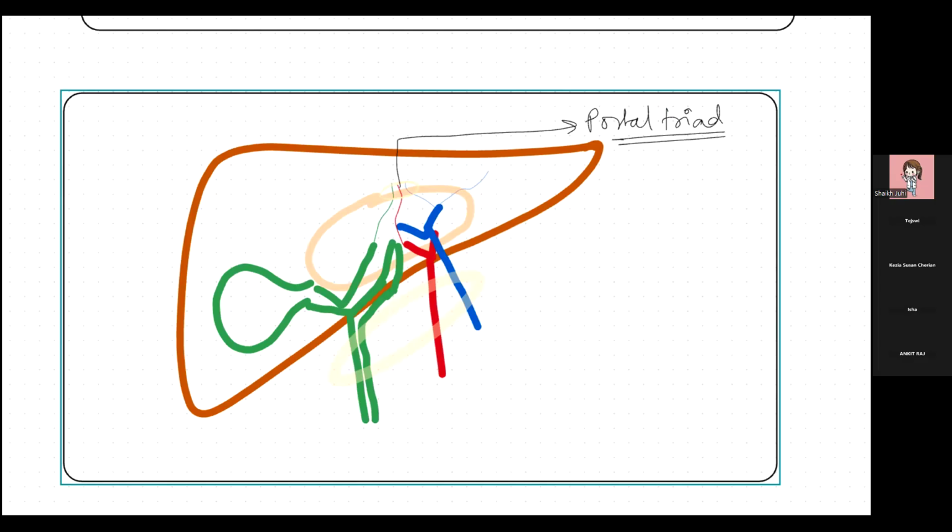Okay, so let's see the detailed structure of the liver again. Now we'll be seeing the histology part. So we know that this is the liver. If we go into the detail, we know there are hexagonal hepatocytes. Let's zoom in.